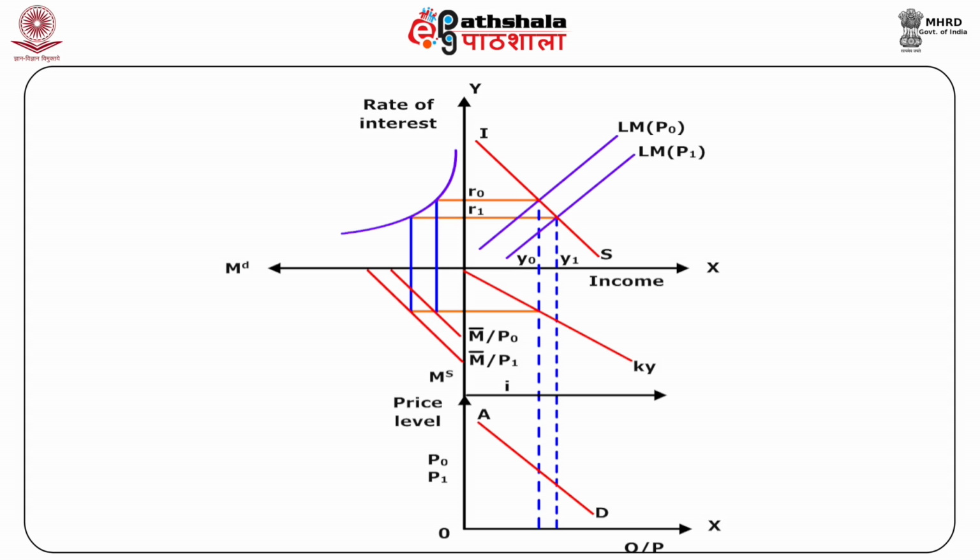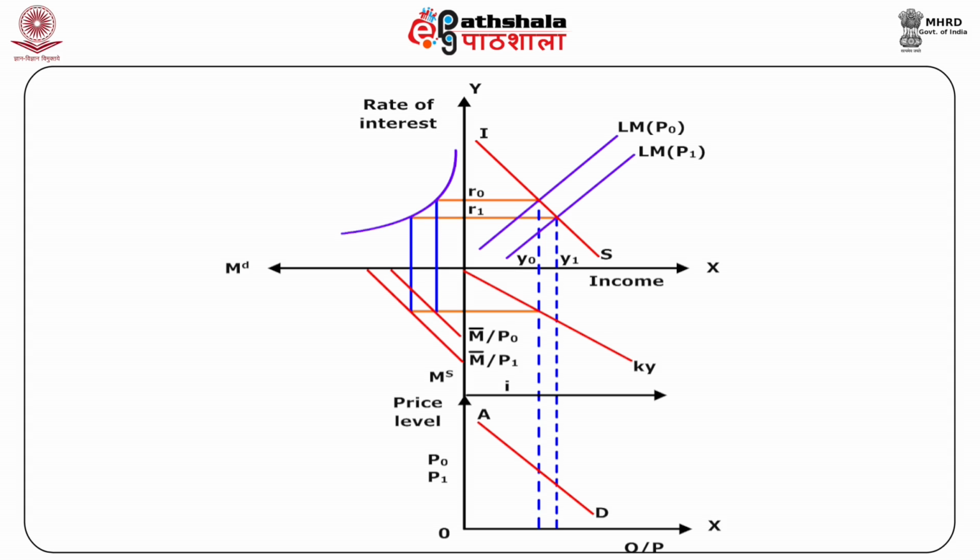In this new situation the LM is now LM(P1), which is a lower level of the price in the economy, and so we have a new rate of interest R1 and a new level of income Y1.